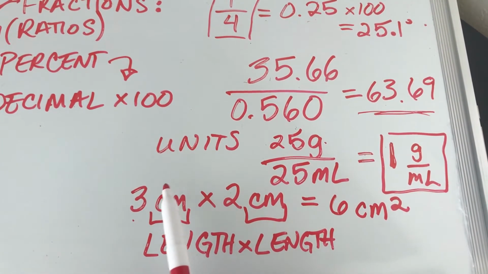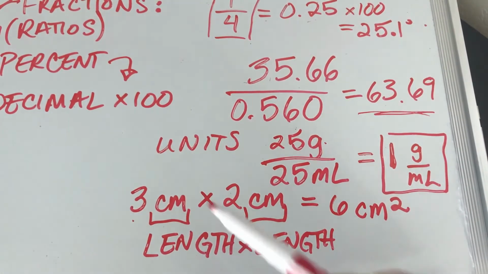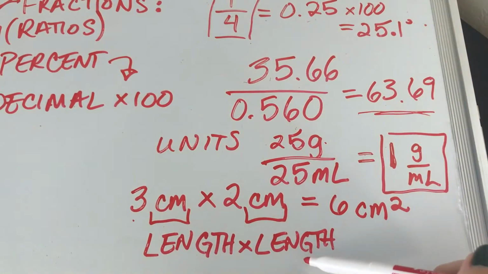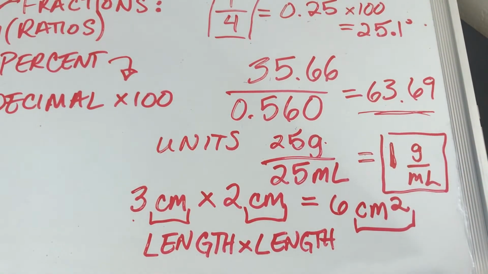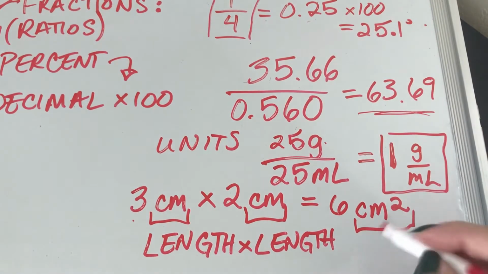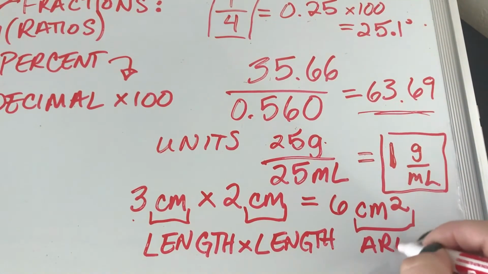Centimeters, inches, feet, those would all be units of length. So if I have length times length, then what does that give me in terms of units? Area. It gives me area, exactly.